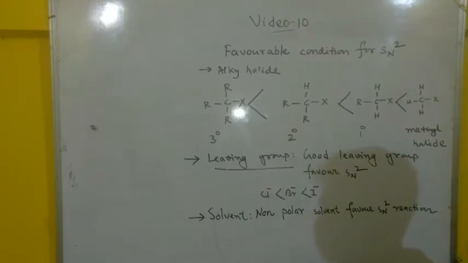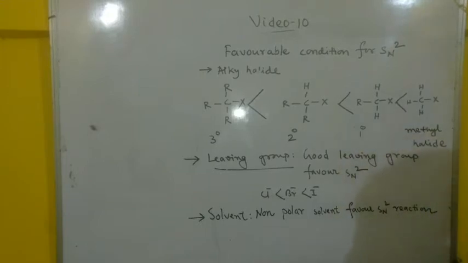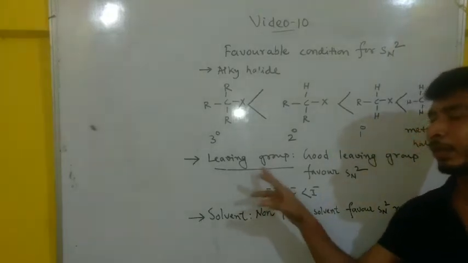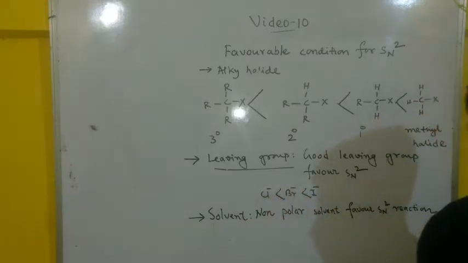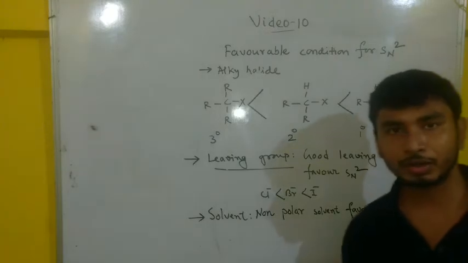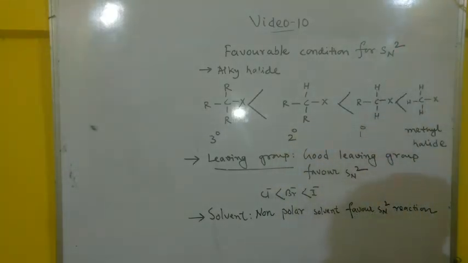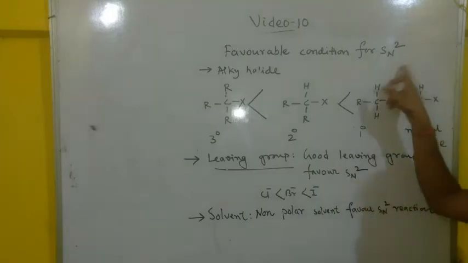Next, we have discussed the conditions for SN1 and SN2. SN1 reaction depends upon the alkyl halide: 3 degree is more reactive than 2 degree, 2 degree is more reactive than 1 degree, and 1 degree is more reactive than methyl halide. A good leaving group favors the SN1 reaction, and polar solvent favors the SN1 reaction. Next is the condition for SN2 reaction.